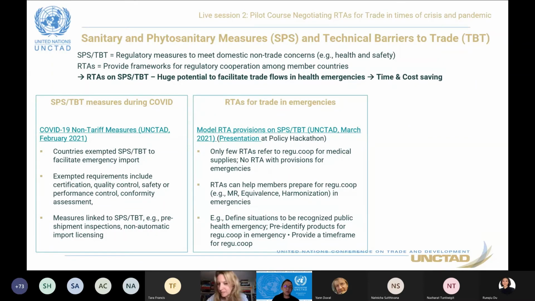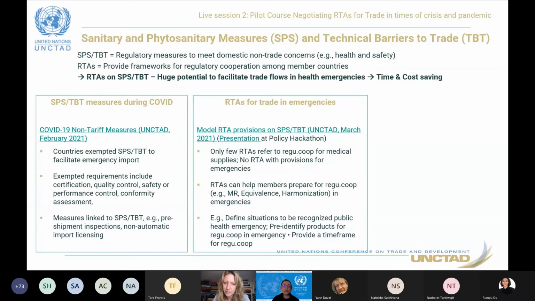But also what I thought was very important was that they suggested, and this is probably not only for SPS and TBT, that RTA provisions on emergency measures can define what are the situations that we can consider as a public health emergency.